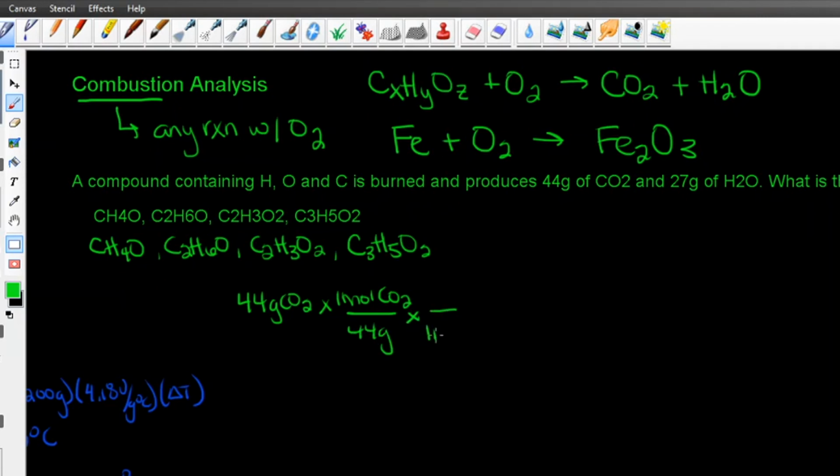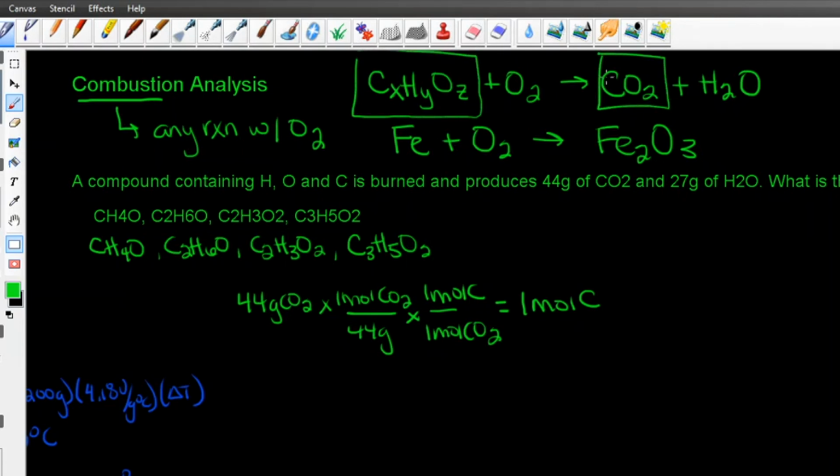And for every 1 mole of CO2, I get 1 mole of carbon. So basically this means that this substance essentially started off with 1 mole of carbon in it, right? Because I got 44 grams of CO2, and the only place I get the CO2 from is the original carbon in the hydrocarbon. That's where all of the carbon from the CO2 comes from.